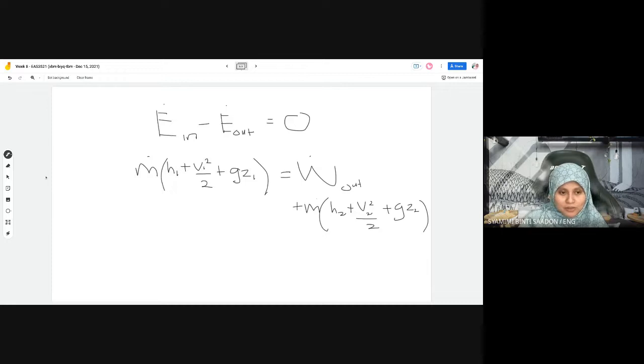Since it is adiabatic, Q is 0. So we have all these values H1, H2, V2, etc. from question A, and the mass can be cut out.